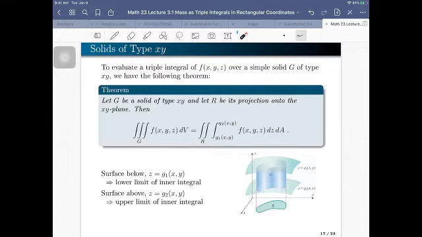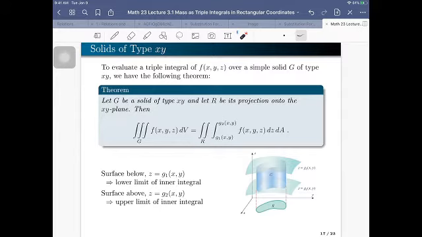It's very easy. You exploit that there is a single projection onto the xy plane, so you can think of dividing this into a single and a double integral.